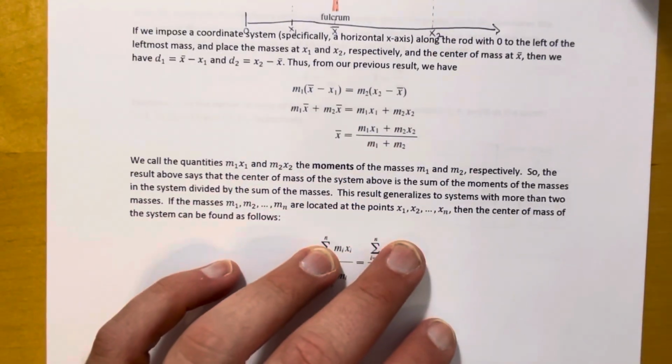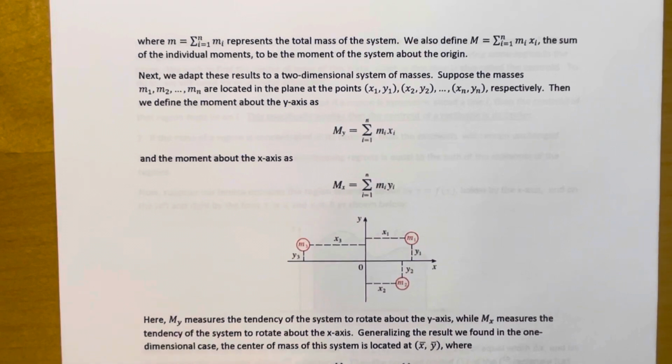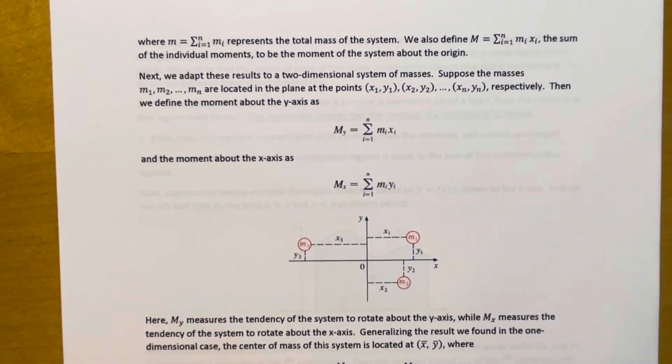Now, as interesting as all of that is, we're still just talking about a one-dimensional system of masses, which is not what we typically look at in reality. So we want to bump things up a dimension and think about what this would look like in a two-dimensional system of masses. So how do we imagine that?